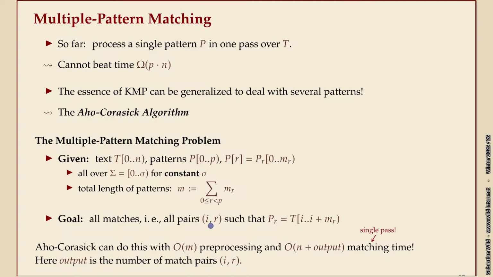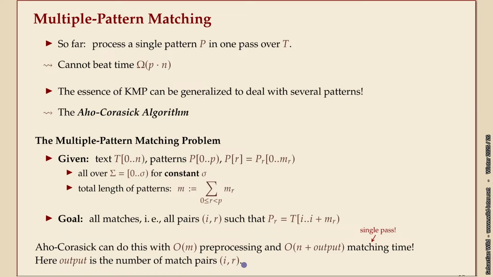If the patterns are all A's of different numbers of A's and the text is all A's, right? And at every position you find all the patterns. You're very happy, but the output is bigger than the text. It's a bit of a degenerate case, but to make this generally true, you have to say the running time depends also on the size of the output, the number of these pairs.